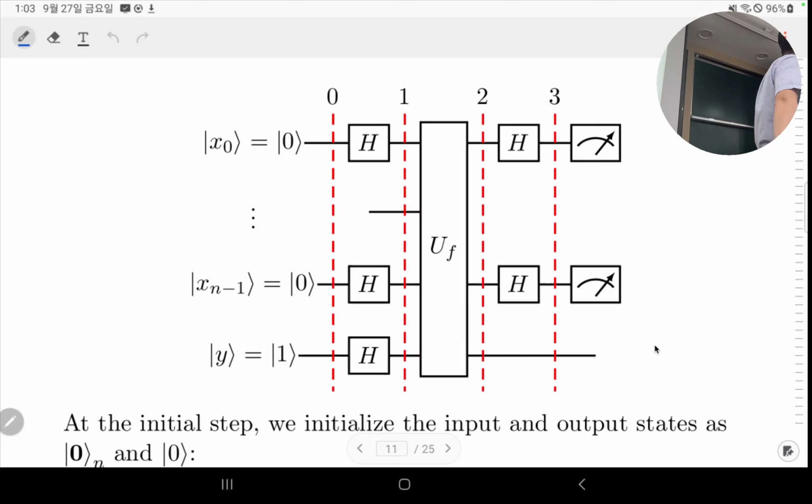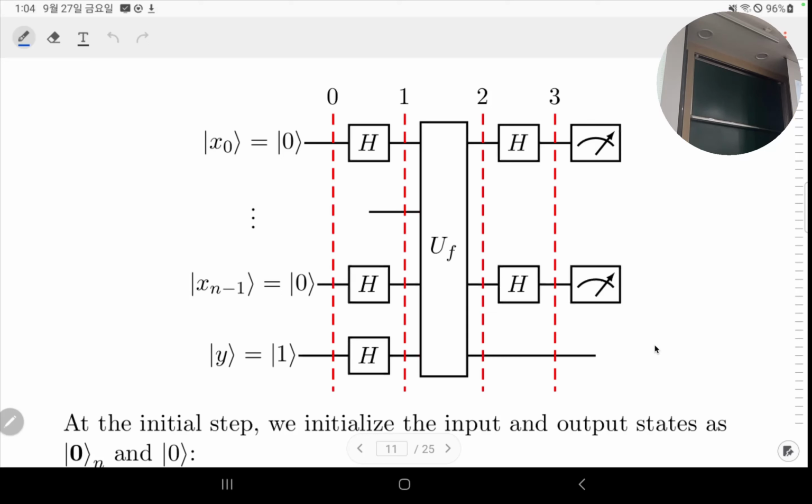So here is the circuit. First, you put the Hadamard gate on every single input and output register, and then apply the oracle, and then apply Hadamard on the input register again, and measure every input register. That's simple and almost the same as Deutsch-Jozsa, only differing by the number of inputs.